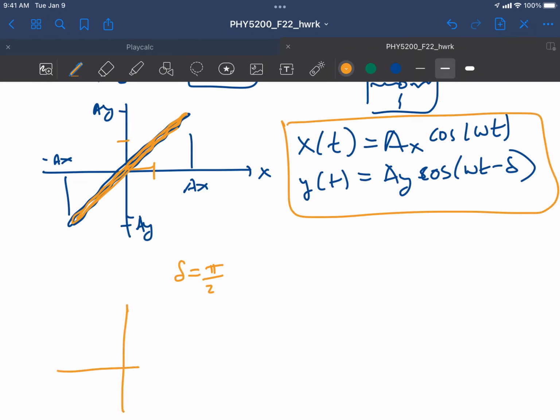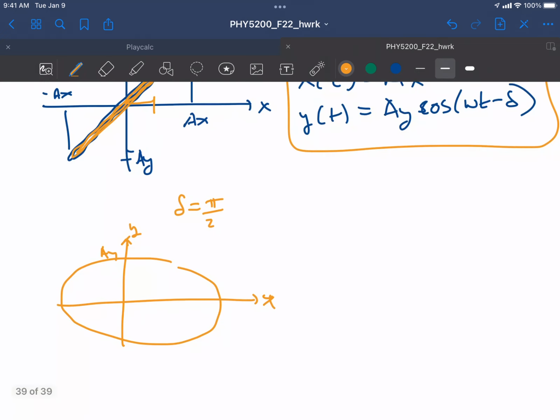And that is, for example, this one, y and x. And here's a motion. You can easily imagine a pendulum going around in a circle like this and oscillating between amplitude ay and minus ay and ax and minus ax.